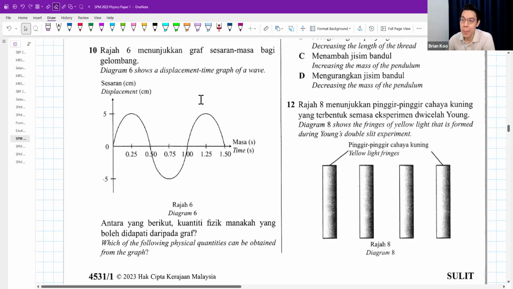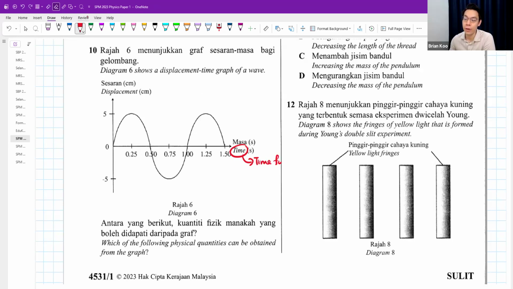I always tell my students, whenever you have the x-axis and y-axis like this, the time you can use to find the time for one wave, which is known as the period. So I look at one complete wave and I can see the period is 1.00 second.